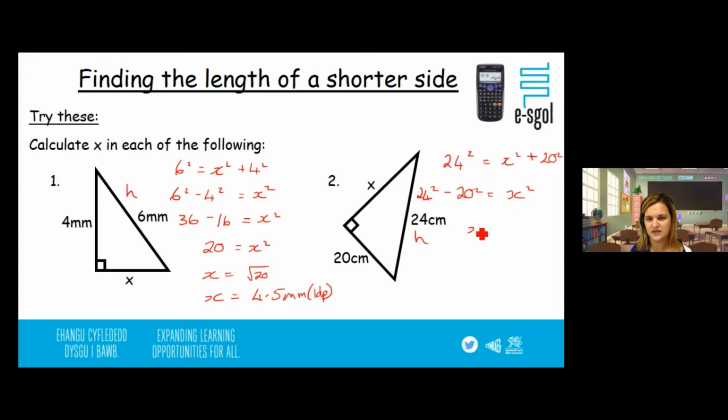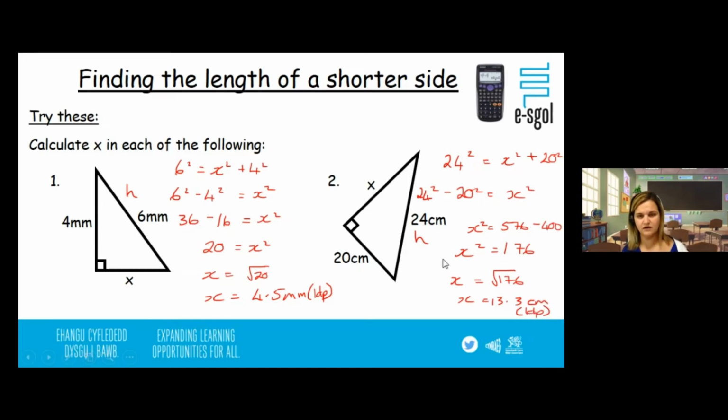If we tidy this up again, we'll have 576, take away 400, and that's still x squared at that stage, giving you that x squared is equal to 176, and you square root that answer to get 13.3 centimetres, and I've rounded to 1 decimal place.